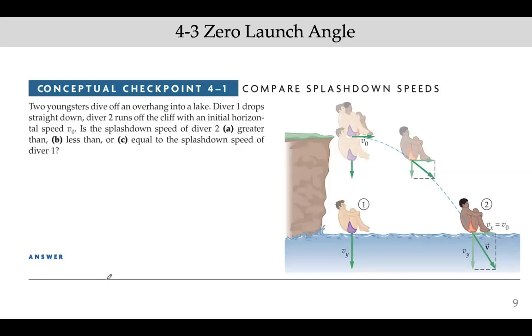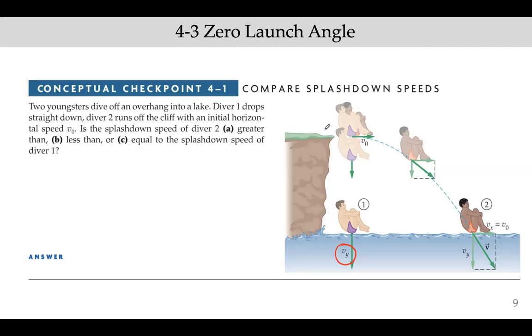Okay, let's think about these two situations. In the first one, one of the guys is diving off an overhang into a lake. Diver one drops straight down. He is just dropping himself straight down. This is case one. And of course, as he hits the surface of the water, he will have some velocity.